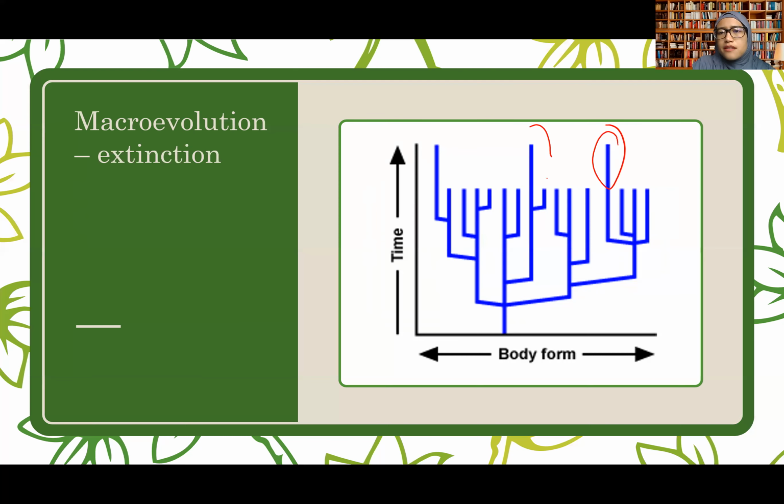However, 3 survive. So these 3 have the opportunity to radiate and create more species, as they don't have to compete with other species for resources.